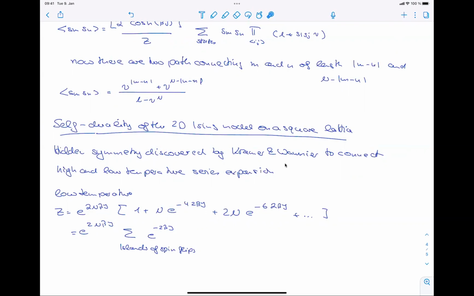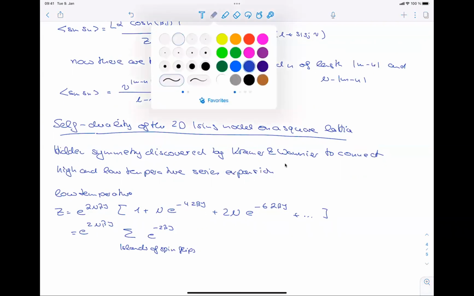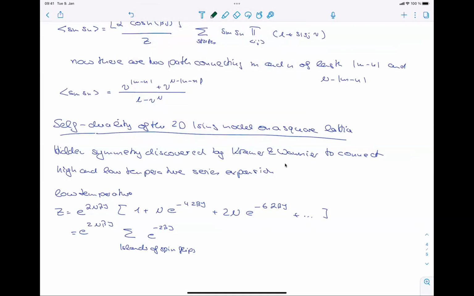So for a single spin flip, the parameter is 4, and for 2 spin flips that are next to each other, the parameter would be 6. So this is actually times the parameter of the spin flip island.